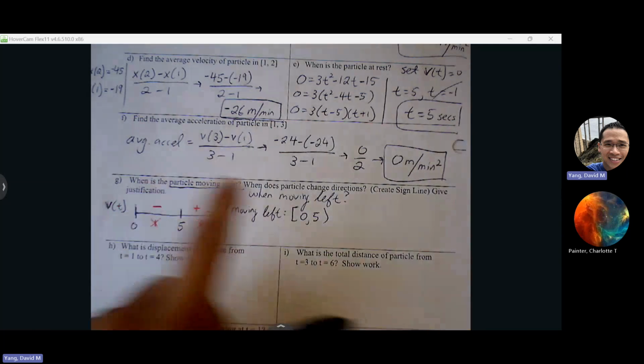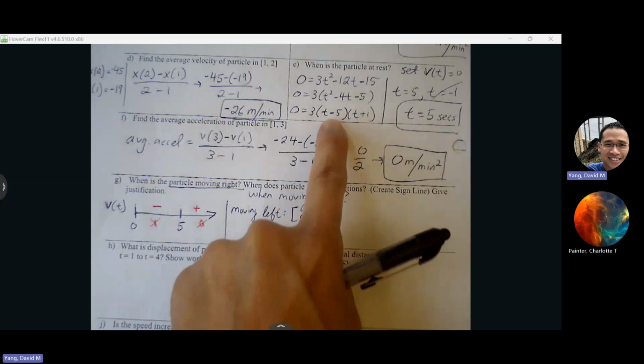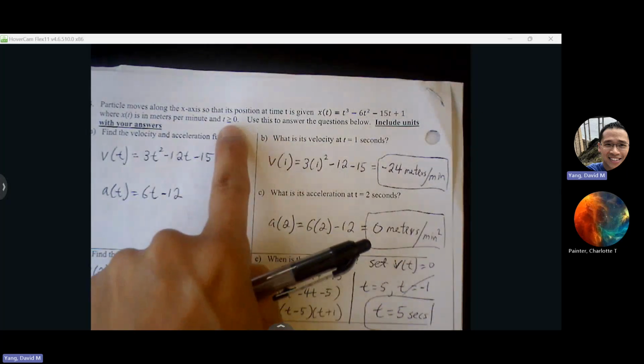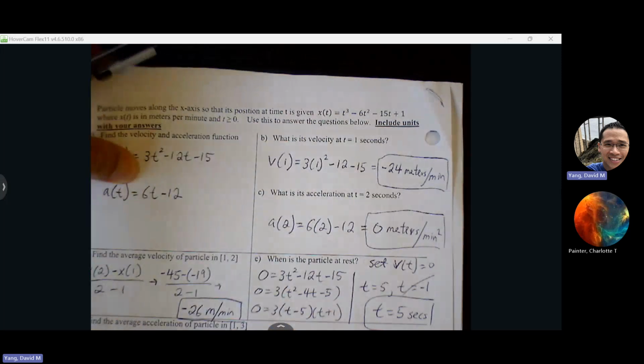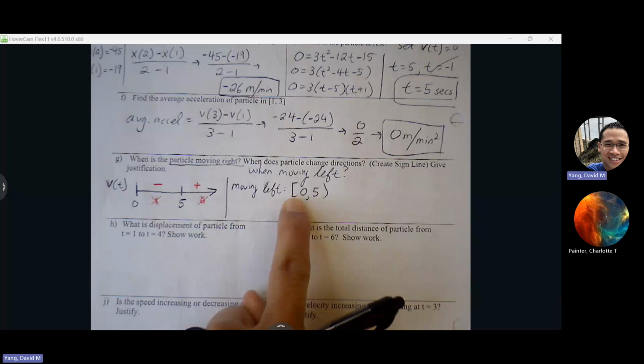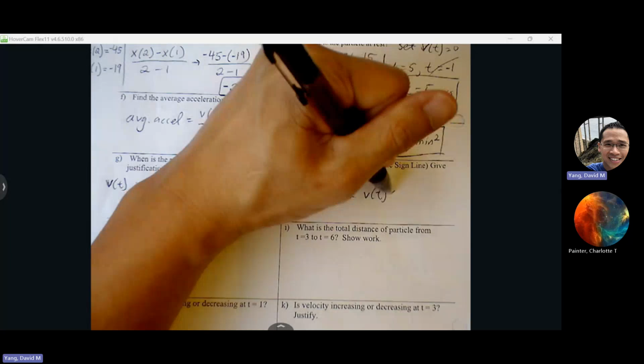If I plug 0 into my velocity function, I get 0 minus 5, 0 plus 1. This is negative. So 0 is already moving left, and 0 is part of my domain, so I do want to include it. Our reasoning is simply because velocity is less than 0.